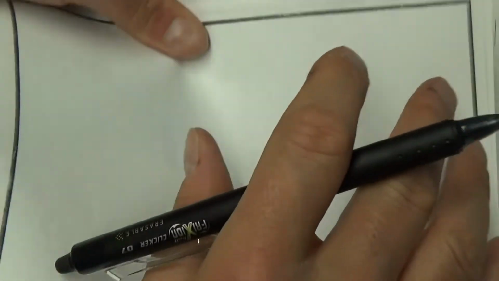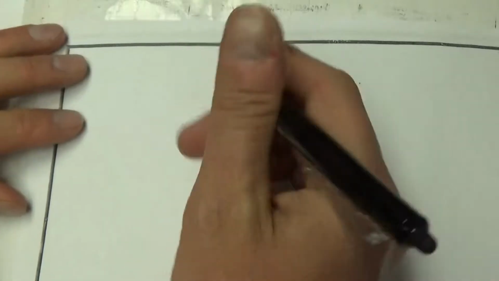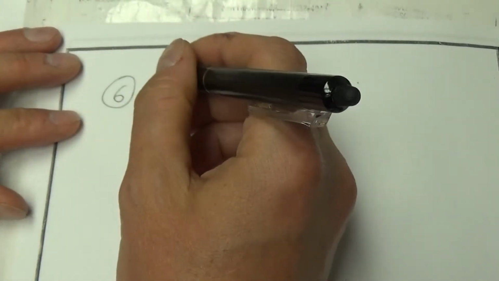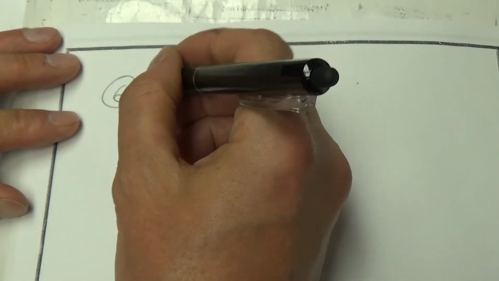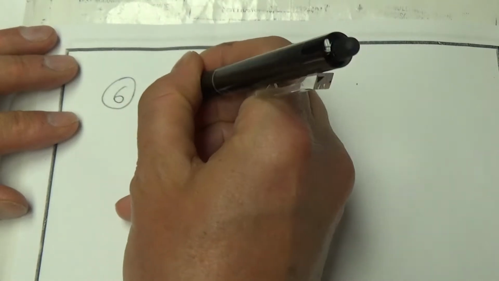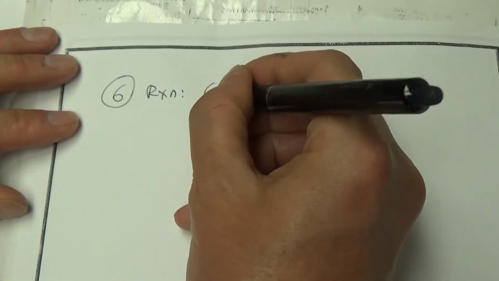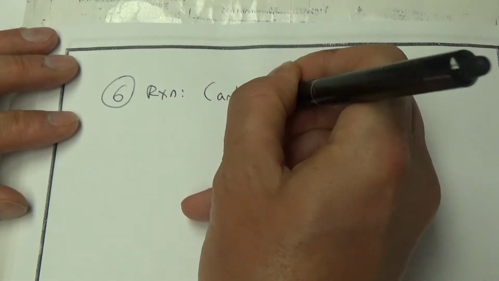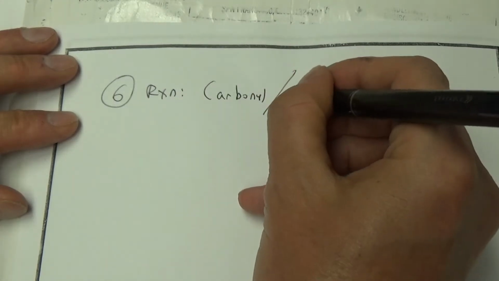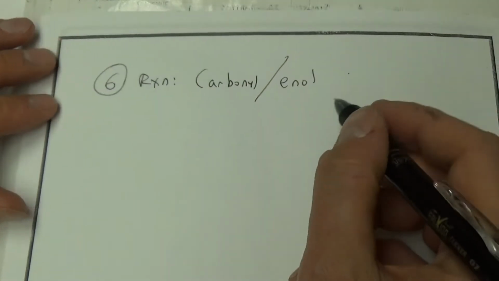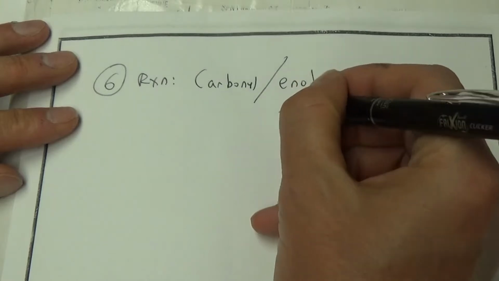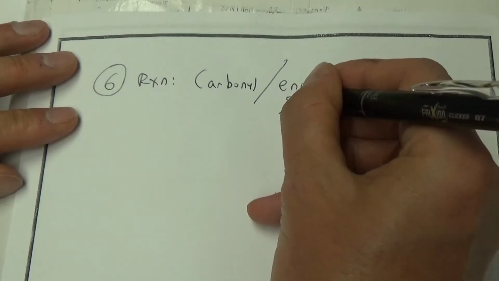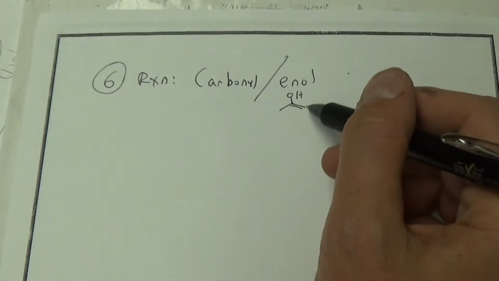which was dealing with carbonyl reactions, ketones and aldehydes, enols. Those things are nucleophiles.